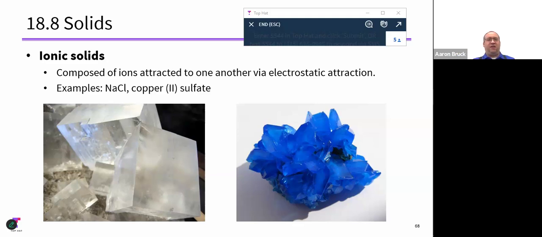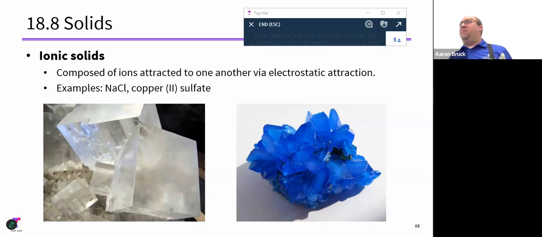Ionic solids are solids made by the electrostatic attraction of the positive ions and the negative ions to each other. And again, they fall into similar kinds of patterns to what we see with the metals, so there's going to be a lot of overlap.